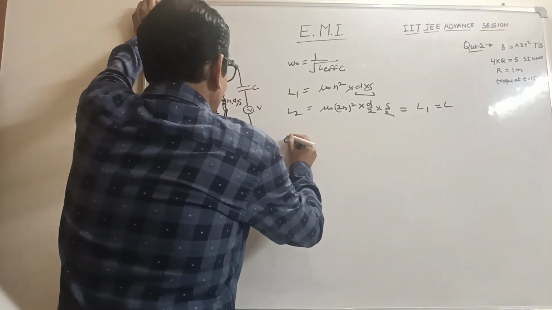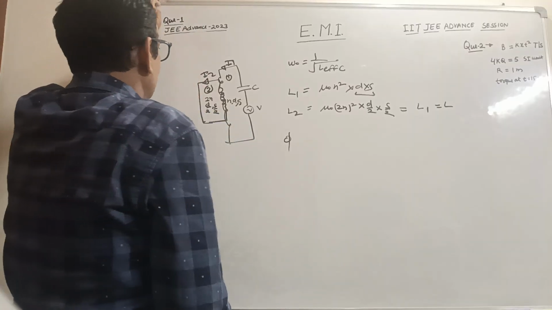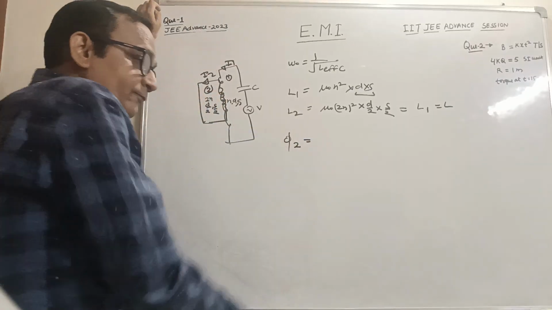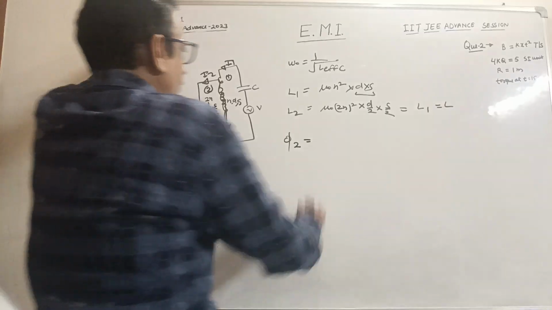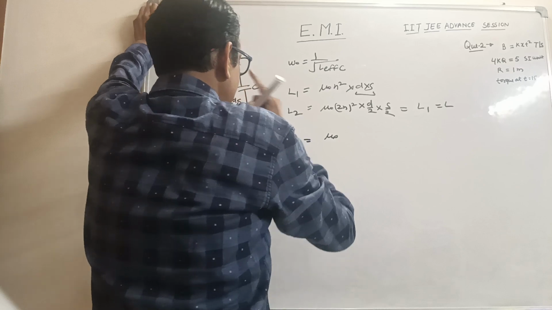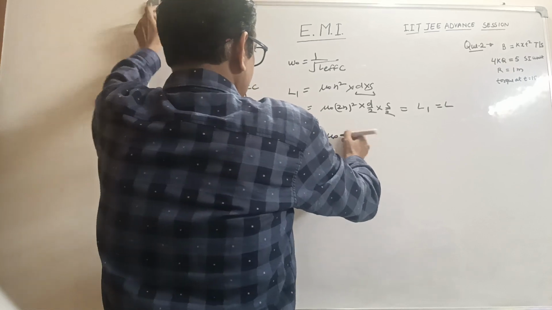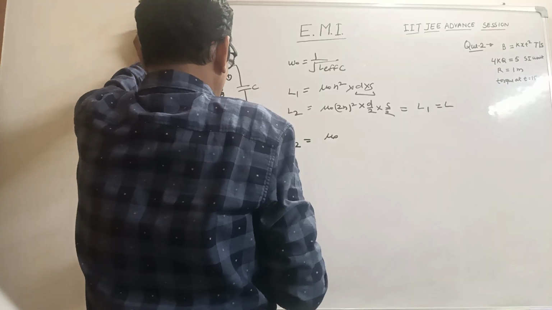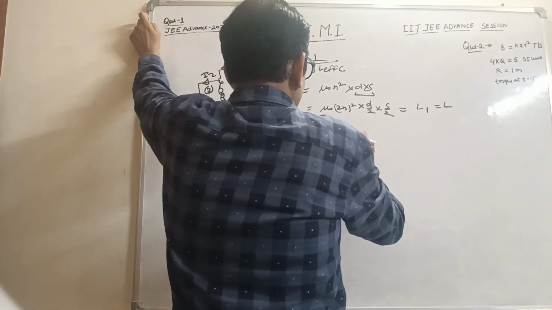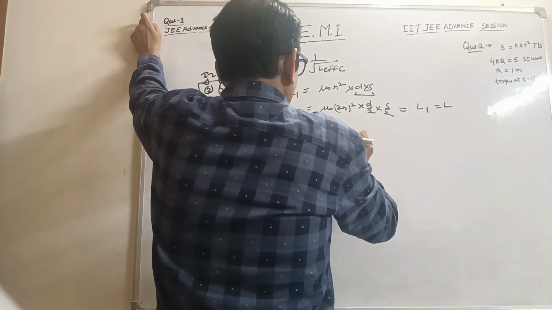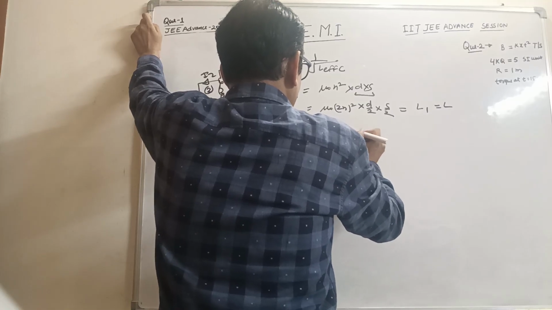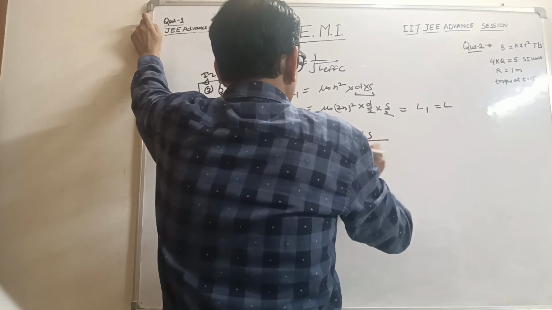So we write here the flux through the second small coil. We know this would be mu naught into 2n, the flux through the second, n square ds by 2.